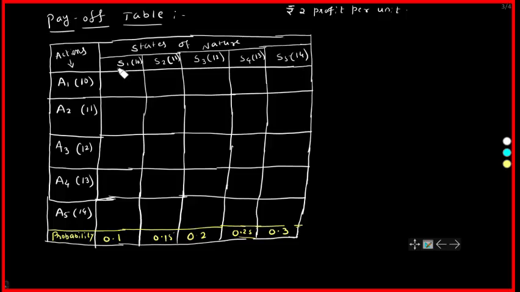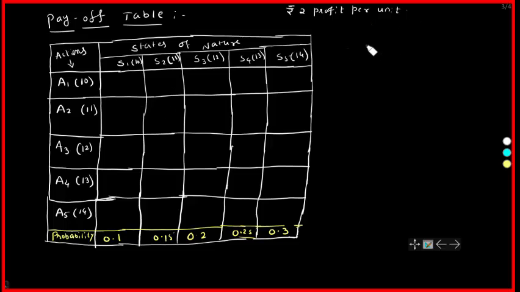So here what is the profit? See here, if you have purchased 10 newspapers and the demand is 10, that is you have sold 10 newspapers, rupees 2 profit per unit or per newspaper.